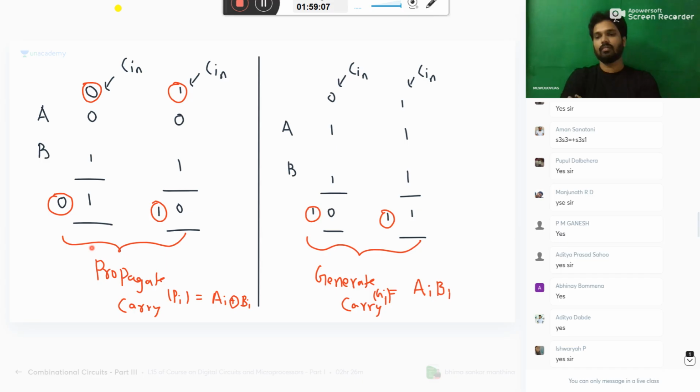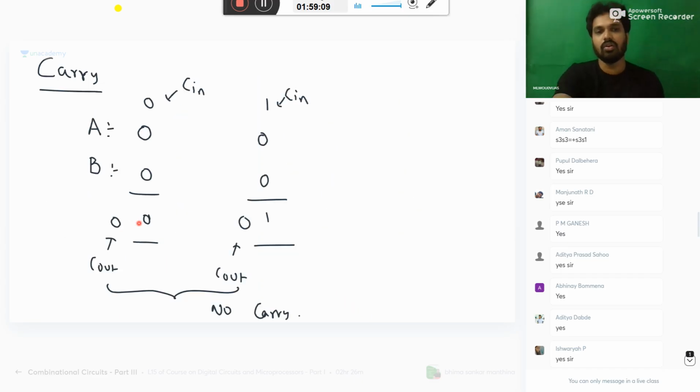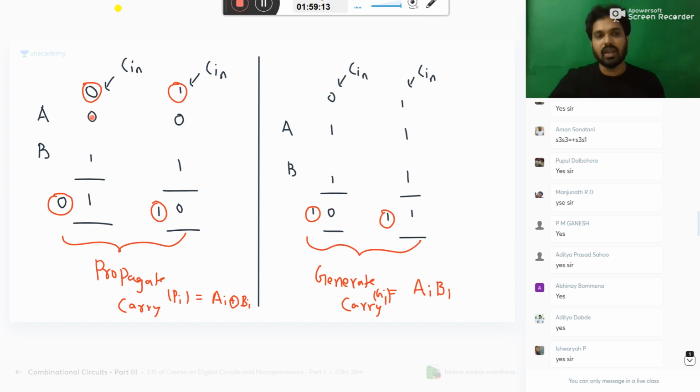When AB 0, 0, carry input can be anything, no carry will come. When AB 0, 1, carry input 0, you get 0. Carry input 1, you get 1. We call it propagate carry, which happens when AB are different. When AB 1, 1, whether carry is there or not, in both cases you get carry. This is what we call generate carry.